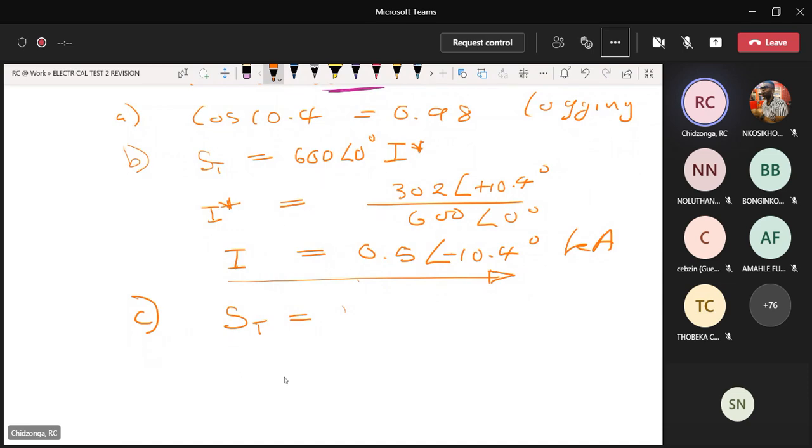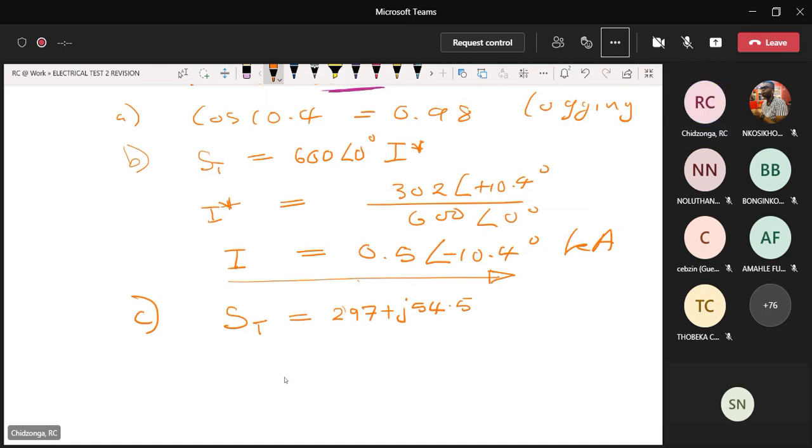ST in rectangular form. X is 297. 297 plus 54.5. It's not degrees. Yeah, but why is it 54.5? Sorry, are you asking a question or letting me know the answer?